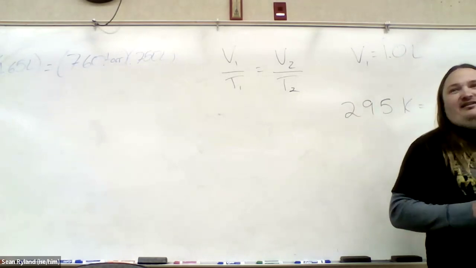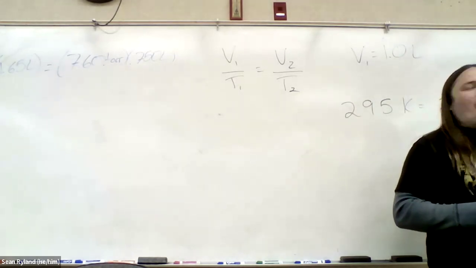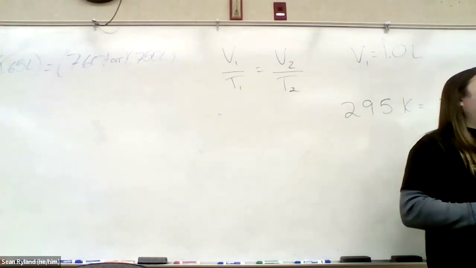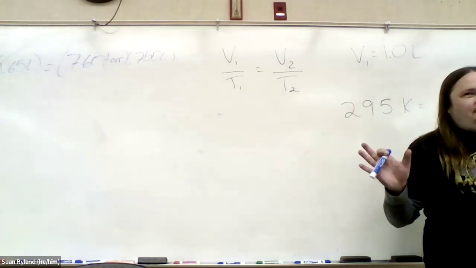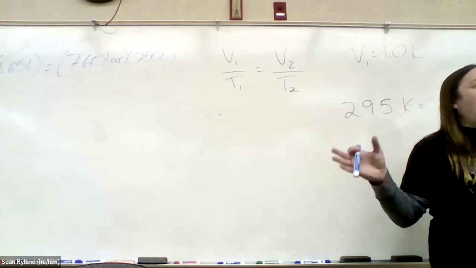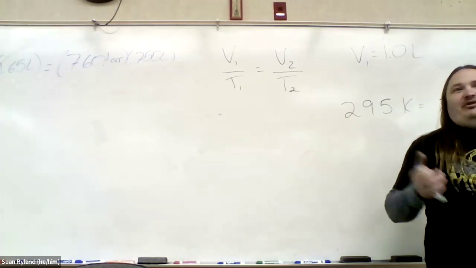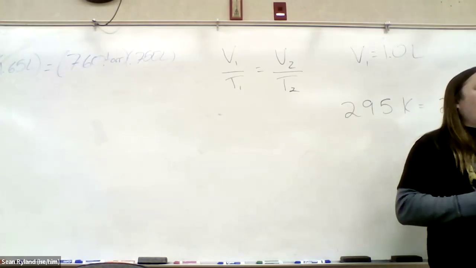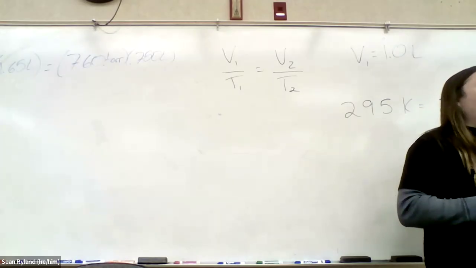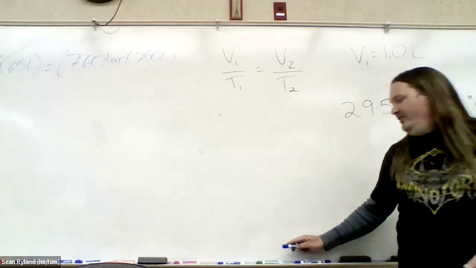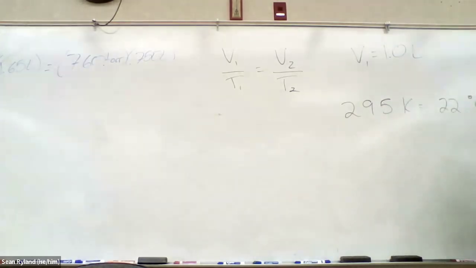Maybe there's like one or two engineering firms somewhere in the US that use Rankine, but it's worth knowing that it exists. Nobody really uses it because if you're doing calculations where you care about that, you're in Celsius already. So Kelvin is the much more common absolute temperature unit.